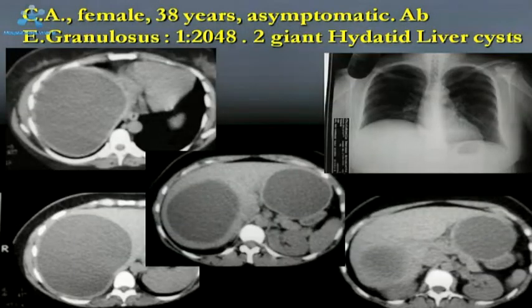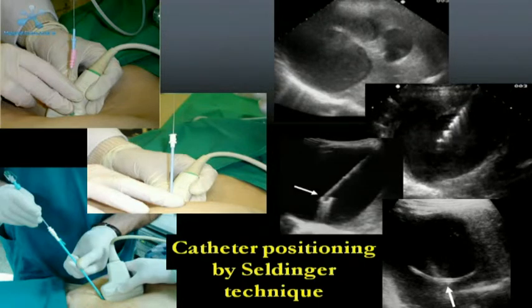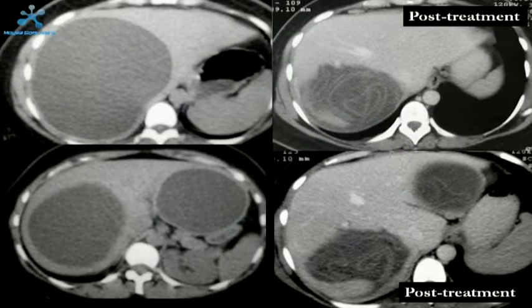This is the case of a female, 38 years old, asymptomatic. She had 2 giant cysts, 15 and 14 centimeters in size. She was treated by the catheter procedure with the Seldinger technique, and this is the pre-treatment aspect.